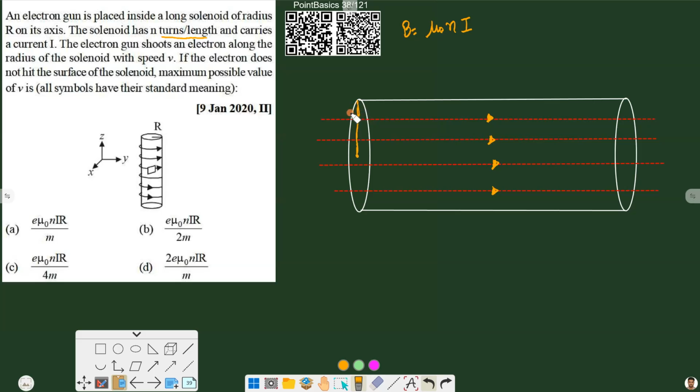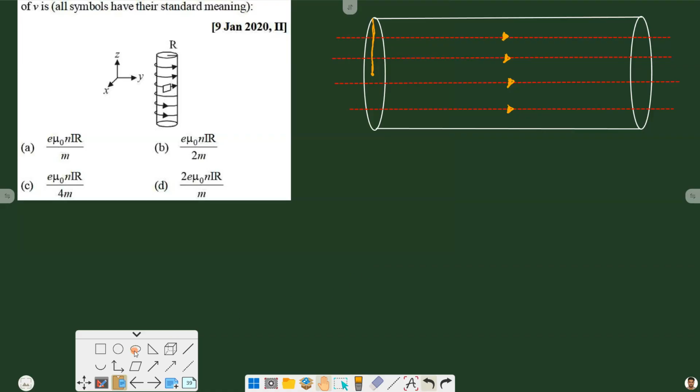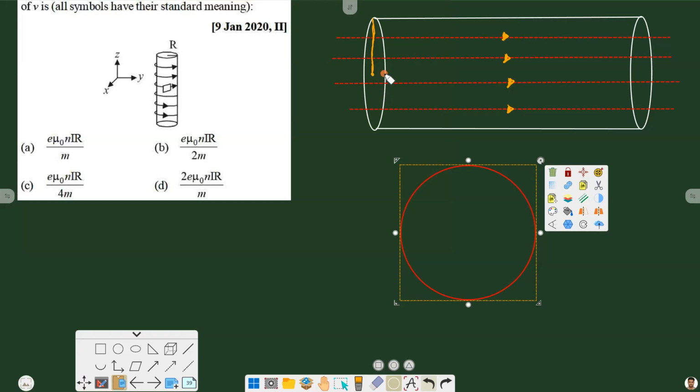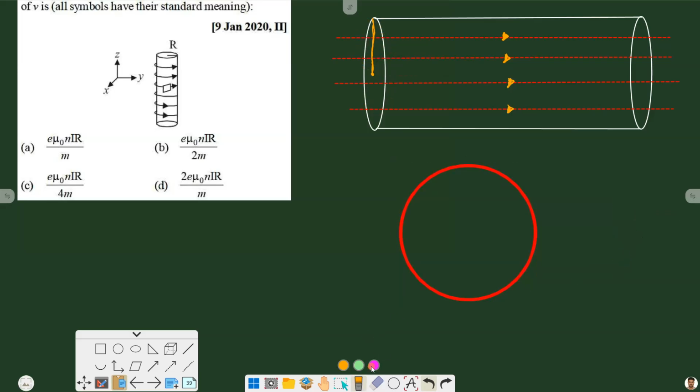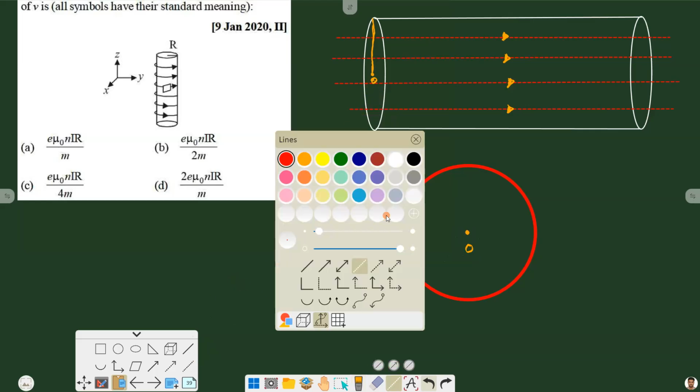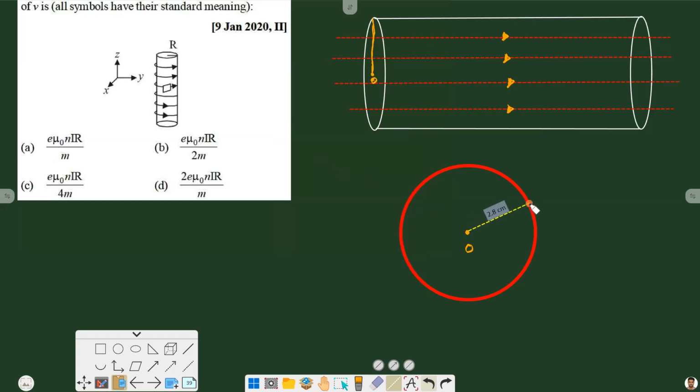So let's now only draw the circumference, this one side, and we will examine that accordingly. Suppose this is the circumference. Let me make it slightly thicker. Here we have this point, suppose O, which is the center of this solenoid, and this is the radius of the solenoid.